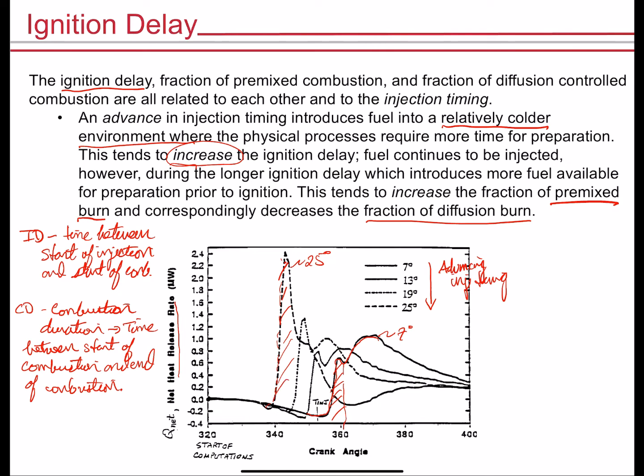All because that advance in injection timing increased the ignition delay, which increased the amount of time to prepare the fuel for burning. Once ignition conditions were reached, there was a lot more fuel that was premixed and ready to burn, so it lit off and created a huge premix spike. Consequently, look at the diffusion burn: a much lower diffusion burn as opposed to the 7 degrees, which has a much higher and much longer diffusion burn, of course.